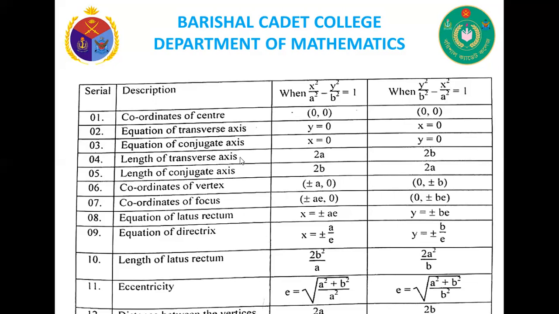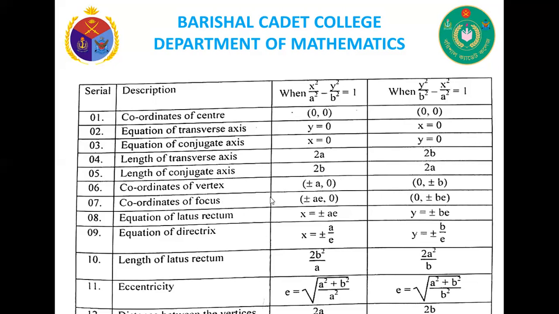Length of the transverse axis: this will be 2b. It was 2a in the previous standard form, but if the standard form is y squared divided by b squared minus x squared divided by a squared equal to 1, then it will be 2b. Length of the conjugate axis: this is 2a.